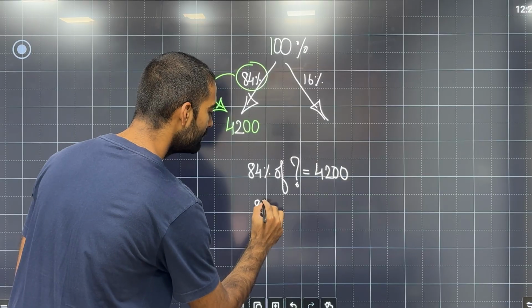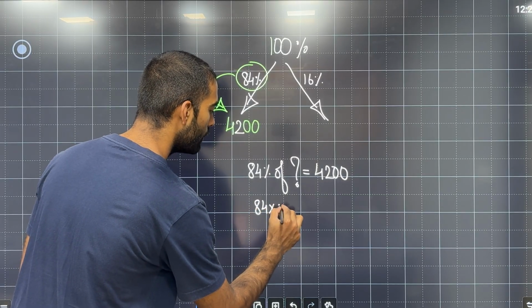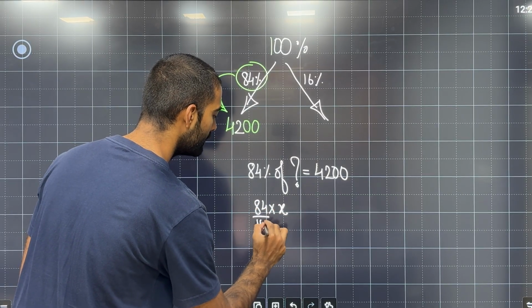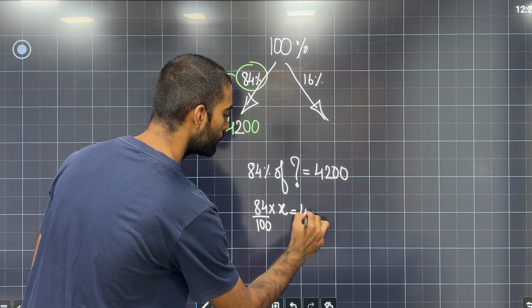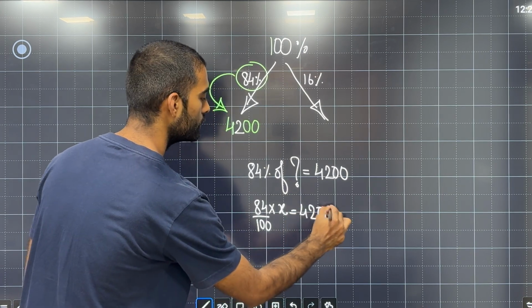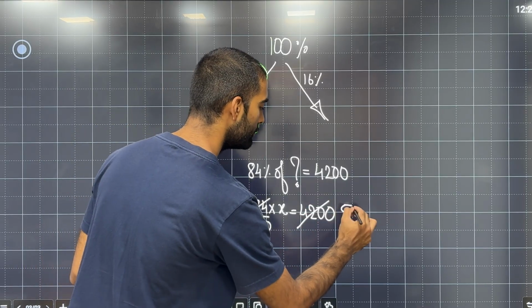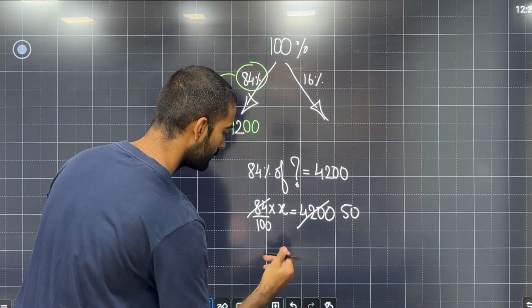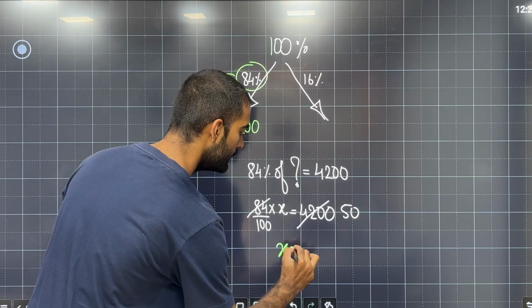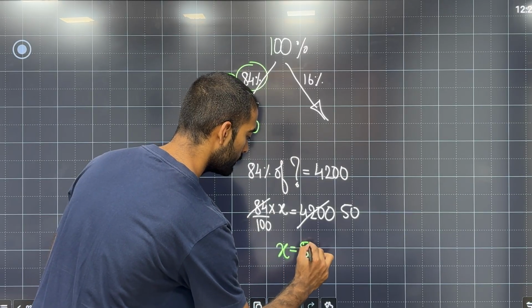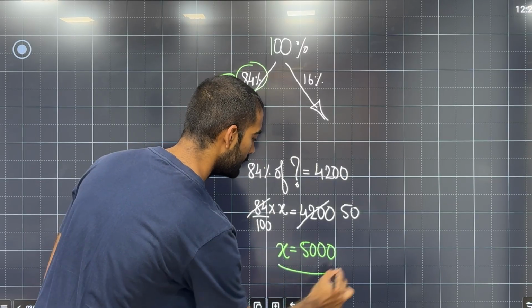So 84 of x by 100 is equal to 4200. Now this is nothing but 50. So x comes out to be, this is your answer.